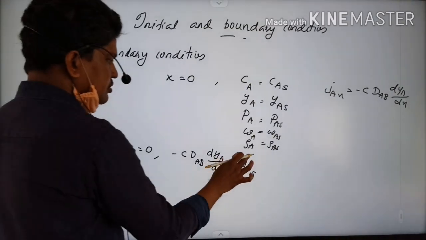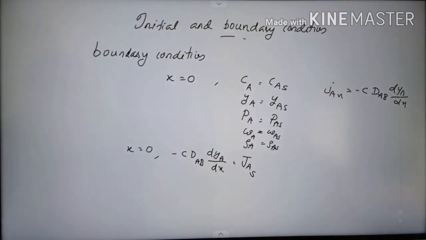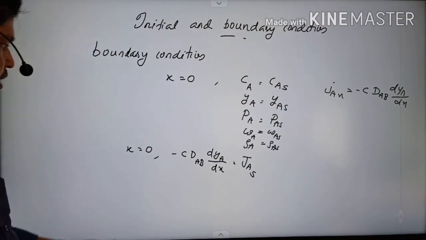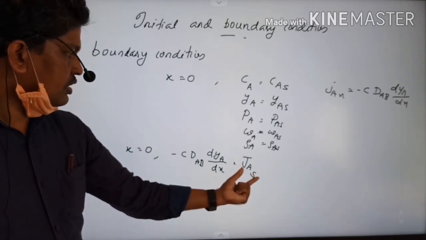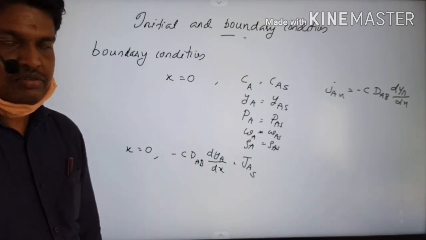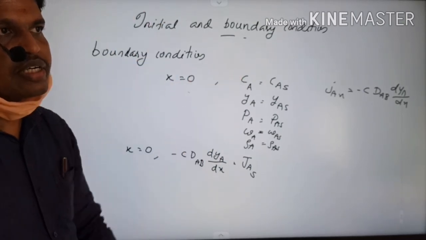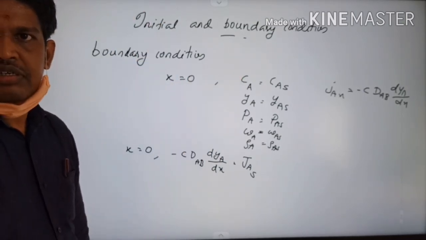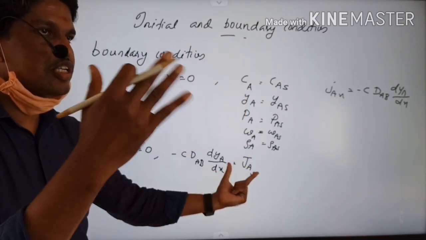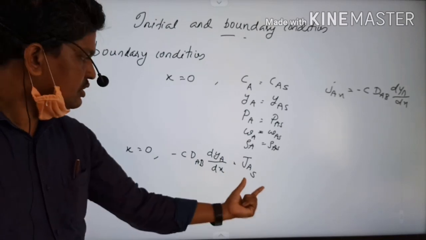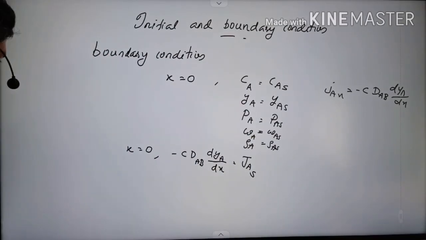So when at x is equal to 0, the molar flux is equal to this value. At a particular surface, the heat flux is, say, 10 kilowatt per meter squared. Similarly, the mass flux you can express at a particular surface where the mass flux is some particular value, say JS. Suppose the surface is impermeable.